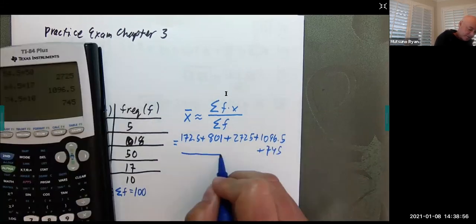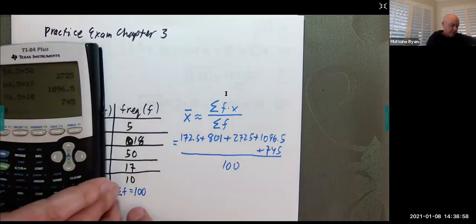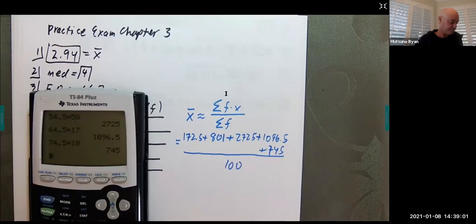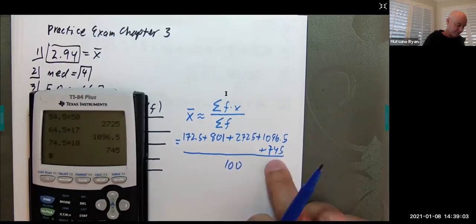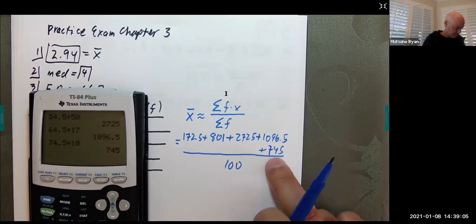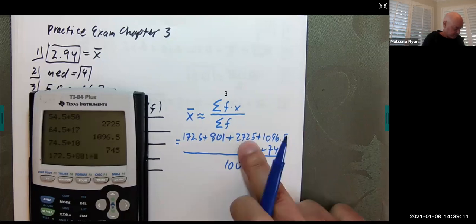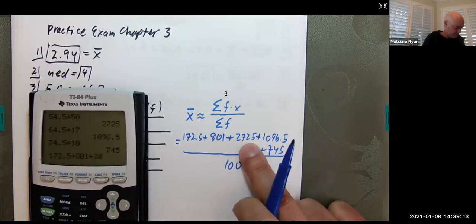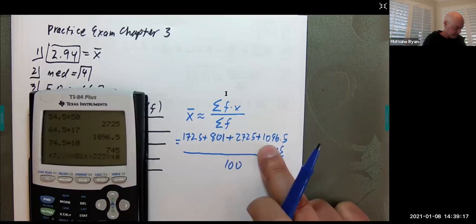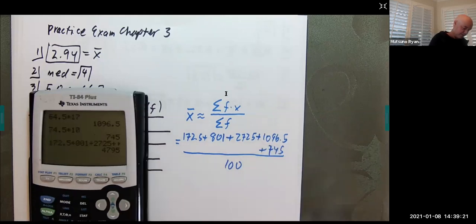All divided by 100. So let's add those up. I already have the 745 here. So 172.5 plus 801 plus 2725 plus 1096.5 plus 745 divided by 100.